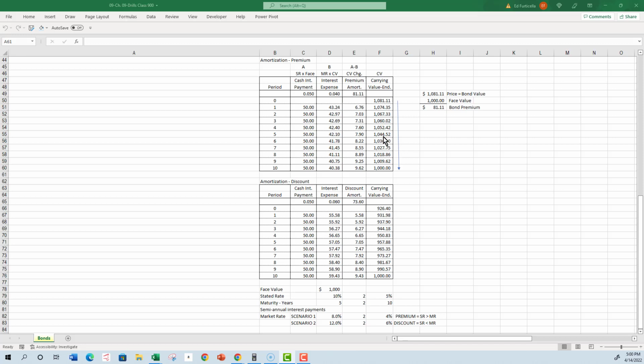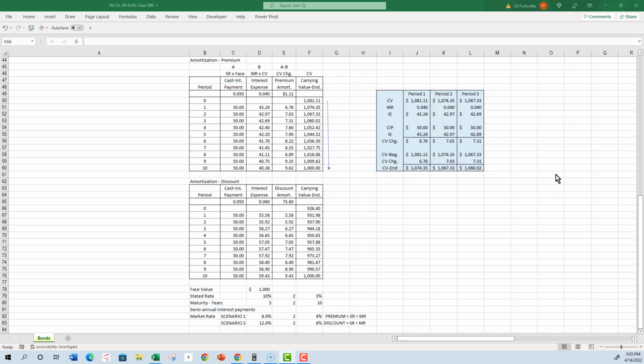The amortization of the premium, or the change in the carrying value, increases for each period. As that number increases, the carrying value of the bond decreases until it reaches its face value. You will always amortize the premium down to the face value of the bond.